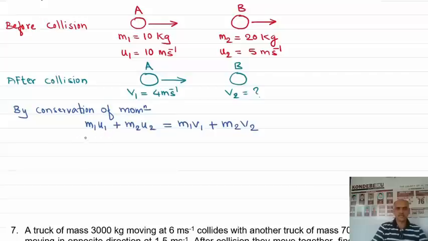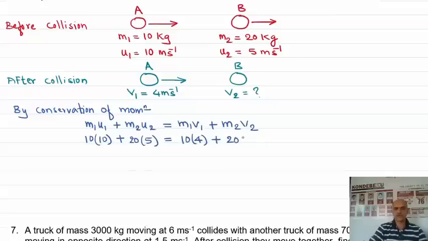m1 is 10, and u1 is 10. m2 u2 is 20 into 5, equal to m1 v1, 10 into 4, plus m2 v2, 20 into v2. So 100 plus 100 is equal to 40 plus 20 v2.